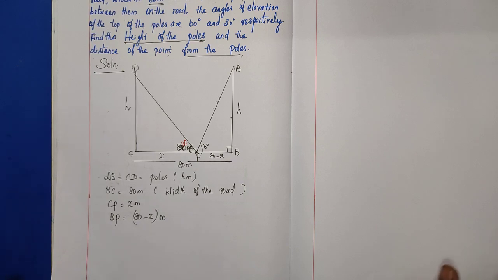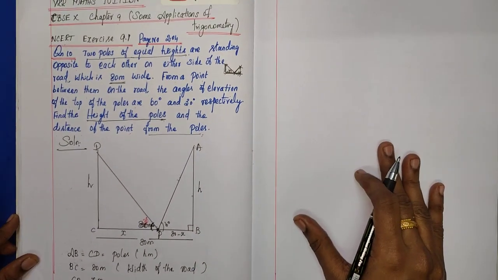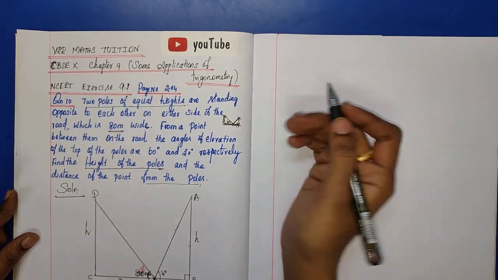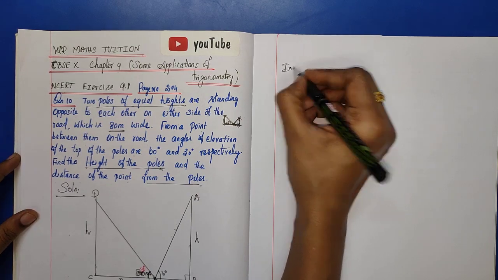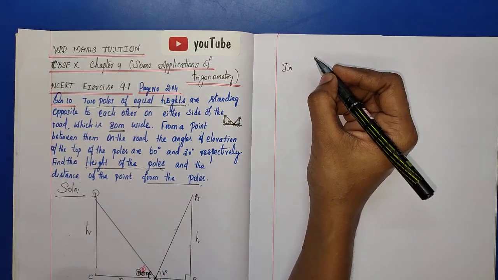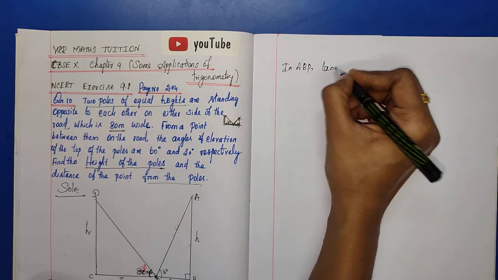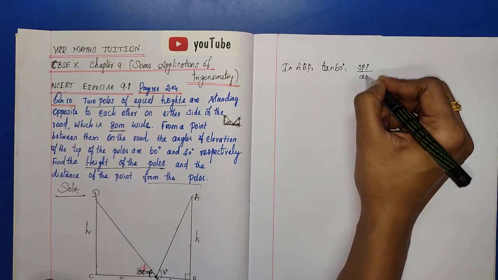Now using the triangle, tan 60, in a right angle triangle ABP, tan 60 degree is equal to opposite by adjacent.